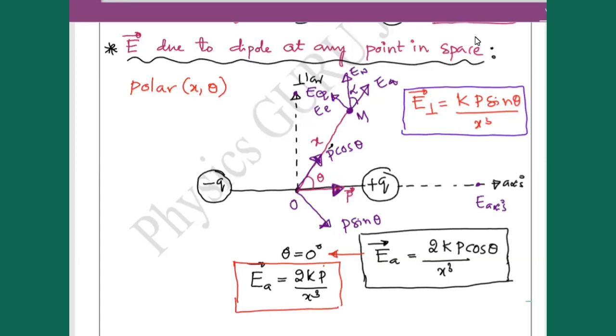Is it clear? Now when theta is equal to 90 degrees, meaning exactly perpendicular, sin 90 is 1, so E equatorial is equal to, what should I write now? Kp divided by X cube. This is nothing but equatorial. Is it fine, all of you?